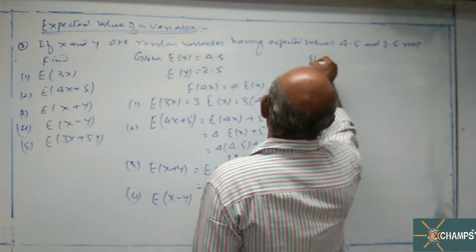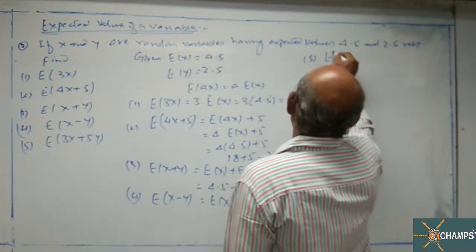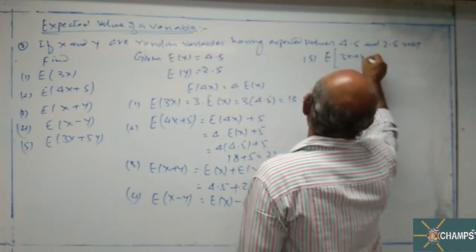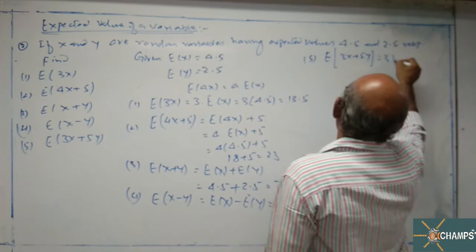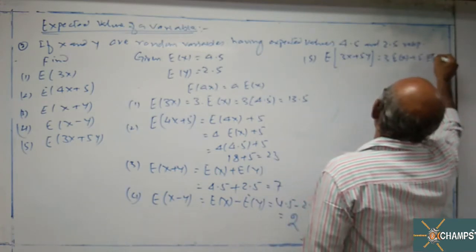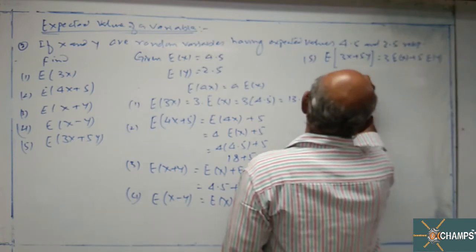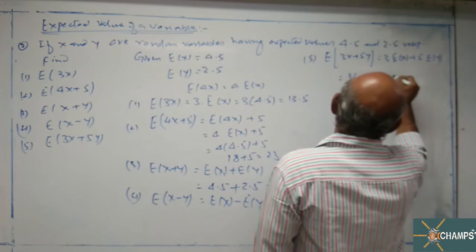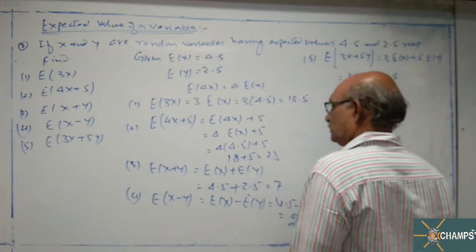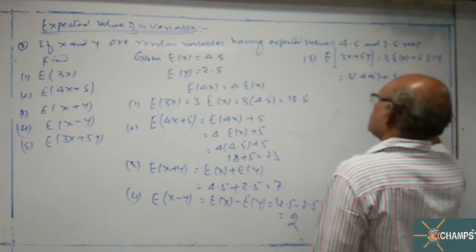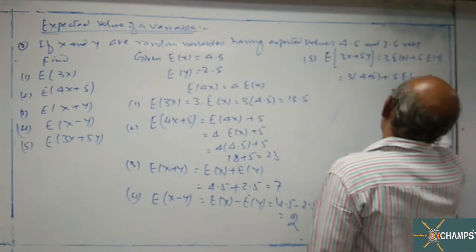Fifth question. E of 3x plus 5y. 3 into E of x plus 5 into E of y. 3 into 4.5 plus 5 into E of y.